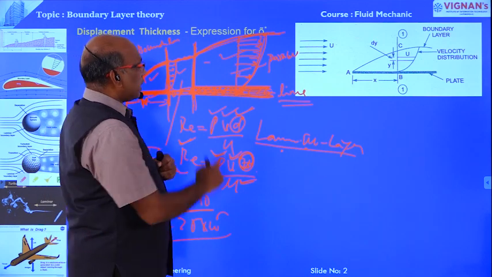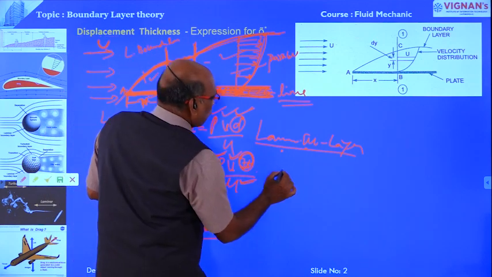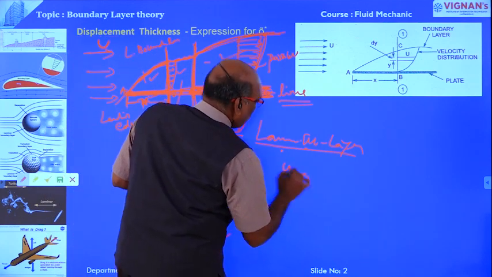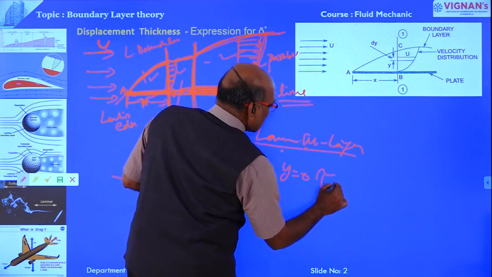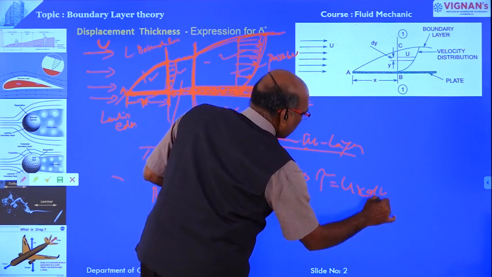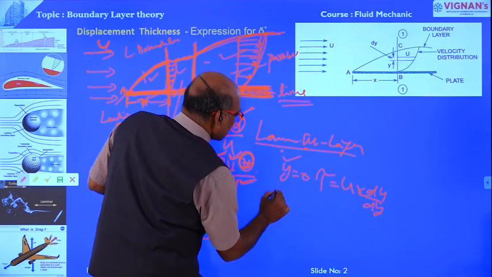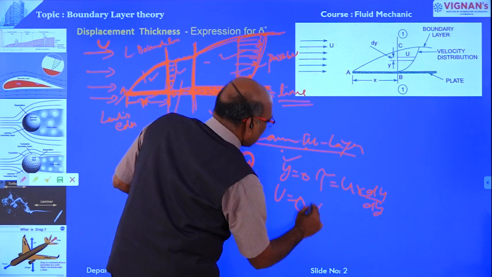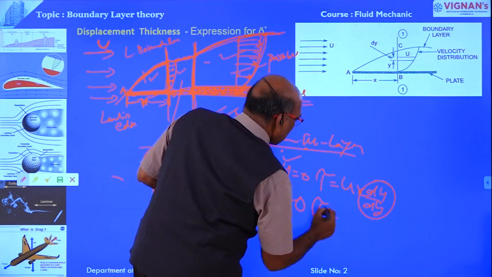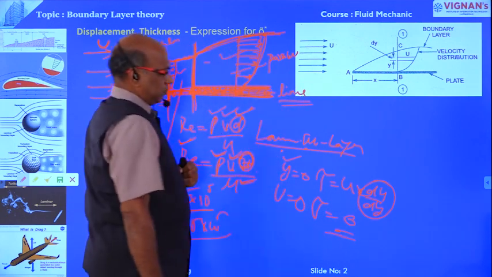Now what is happening? Already I told you, if y is equal to 0, shear stress tau is equal to mu into du by dy. If y is equal to 0, velocity is equal to 0, so automatically shear stress is equal to 0.